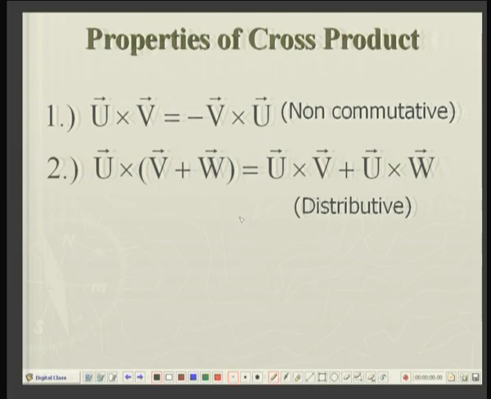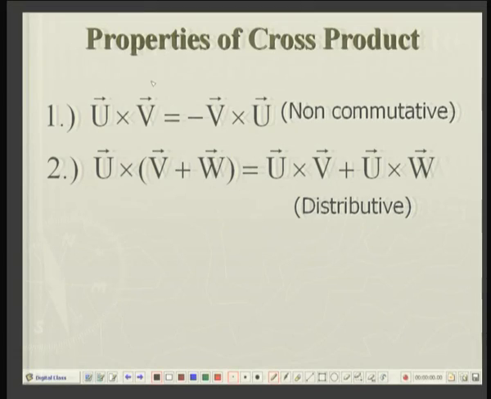So, u crossed with v is equal to minus of v crossed with u, that is, it is a non-commutative law. This is easy to understand because by the right hand screw system, for u crossed with v we rotate the screw from u to v. When you consider v crossed with u, you rotate the screw from v to u. So, opposite direction, and hence it is a negative quantity.